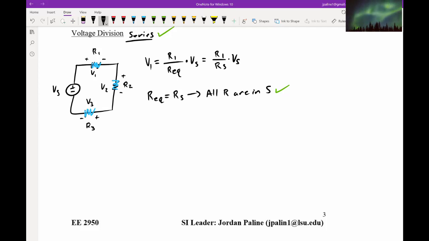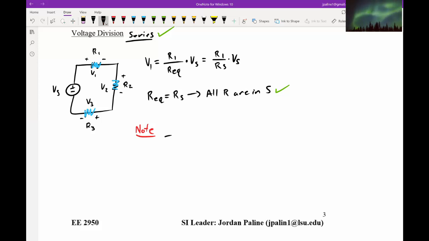All right. And something to note here, some people ask, I get confused on which value goes on top and which one goes on bottom. Well, here, I'll write it out for you real quick.